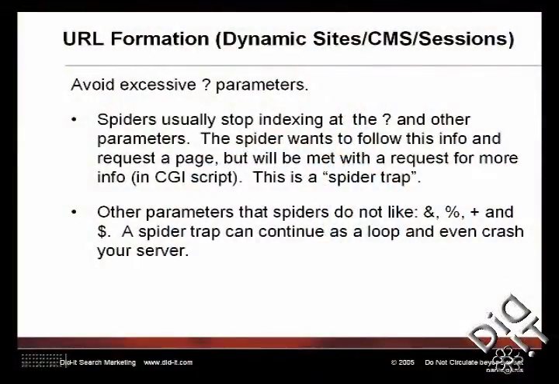You also don't want an excessive number of query string parameters. A query string parameter is, for example, a question mark, category equals 135, subcategory equals 263, template equals 12, and geography equals US. That's a lot of query parameters, and you usually don't need them all.